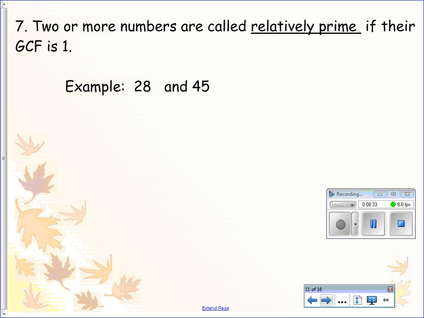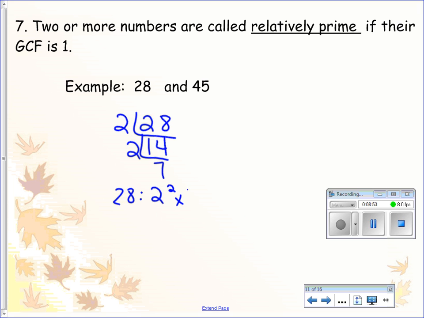So let's do 28 and 45, using the upside down division method that we did yesterday. Let's do 28 and divide it. Now, the prime factorization of 28 is going to be 2 to the second power times 7. Do the same for 45. Again, we're going to divide with prime numbers.